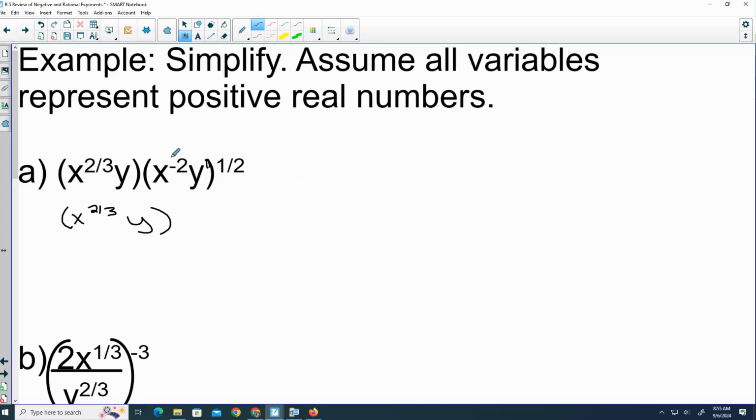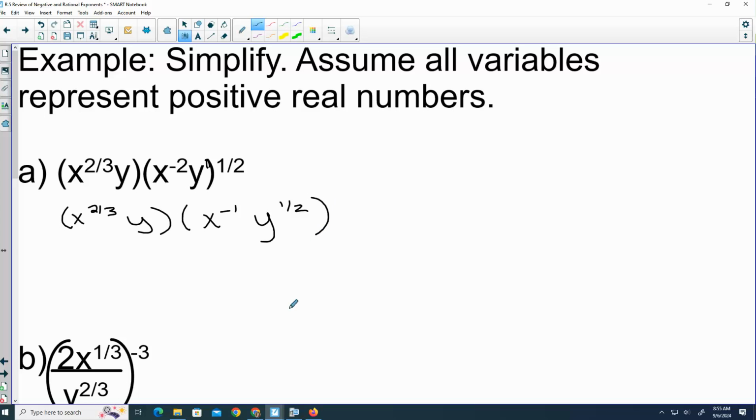Well, you could, but first let's simplify just with the multiplication. Power to a power, we multiply. So -2 times 1/2 is -1. Y is 1 times 1/2 is 1/2.